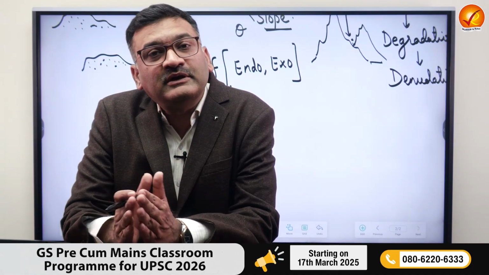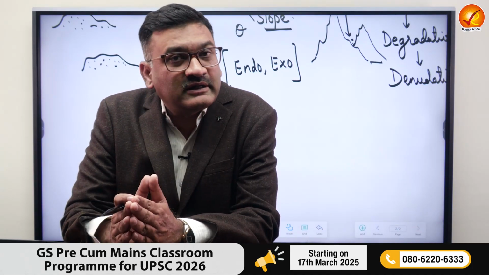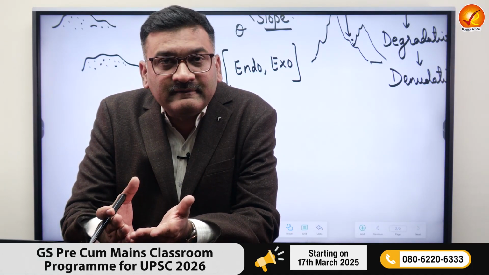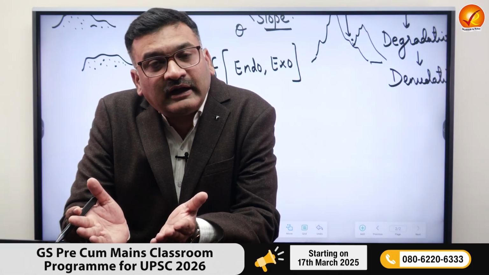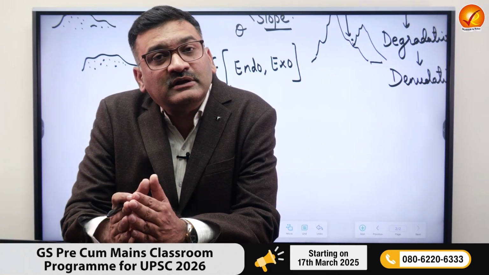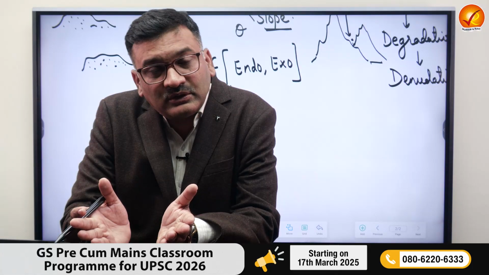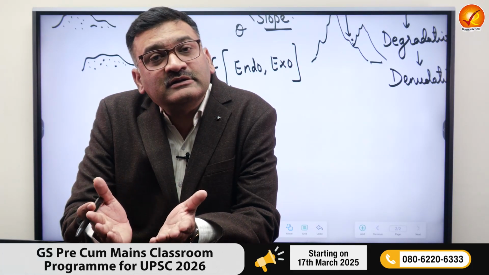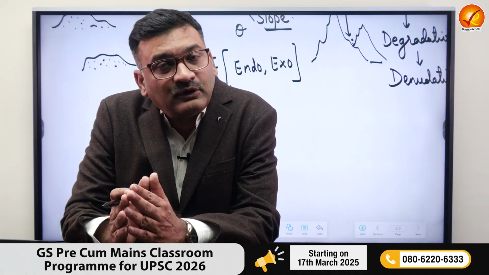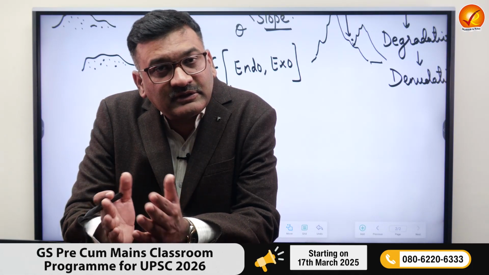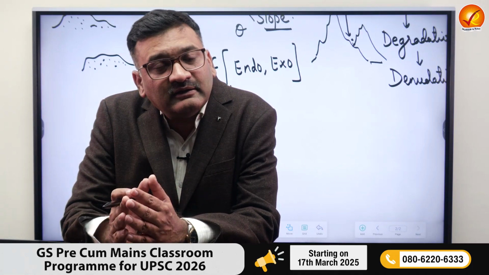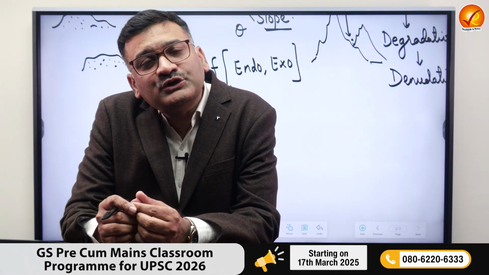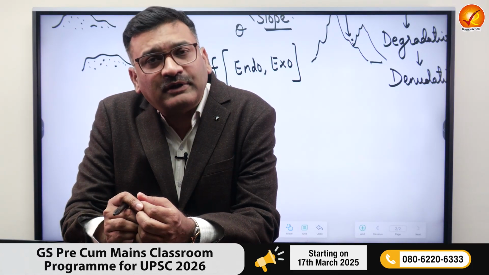Take the example of Vindhyas and Satpuras, which can be treated as landforms, not identical. You can take landforms like Eastern Ghat or Western Ghat. They are present in the same peninsular region, but they are not identical. Or take the Rockies and Appalachians of North America. They are present in the same region, but they are not identical. Therefore, we say that the evolution of the landform is highly complex.